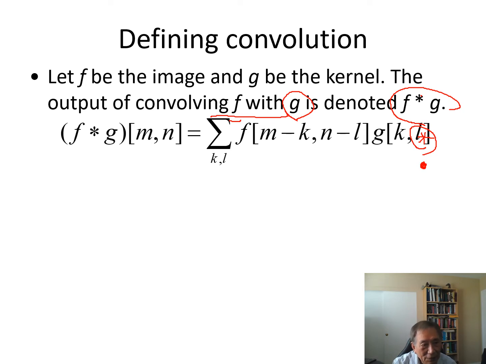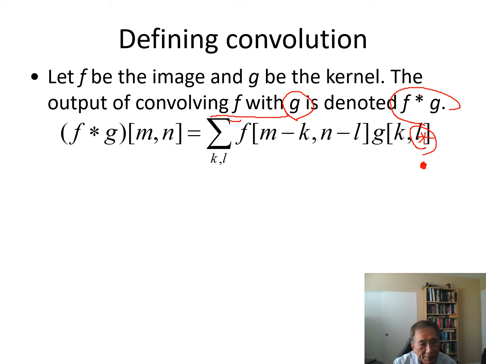So here, f and g. One of them is the template or the kernel of this convolution, and the other one is the source image. So f is the source image, the source pixel, and g is the template or kernel.